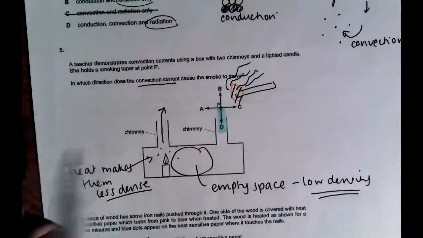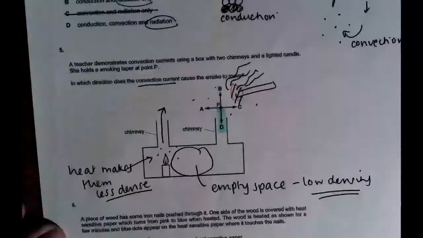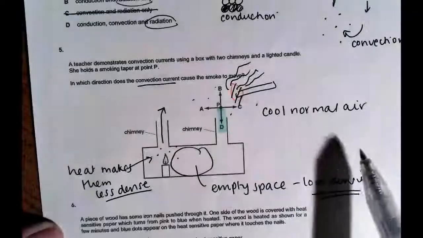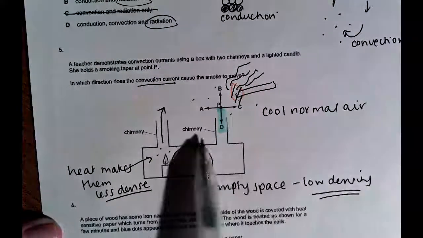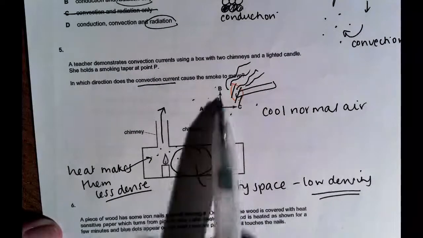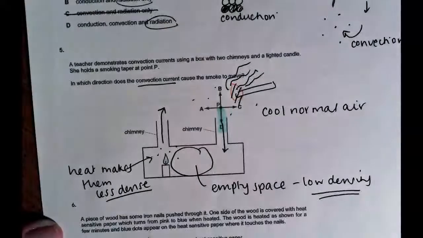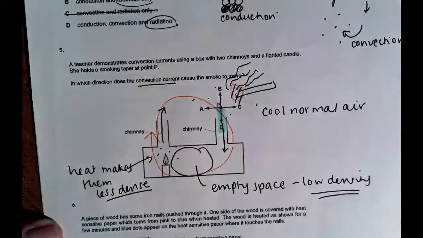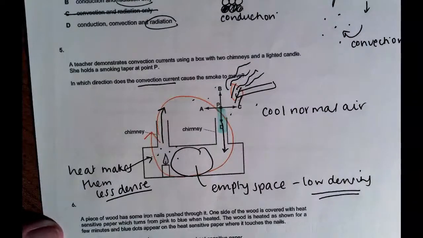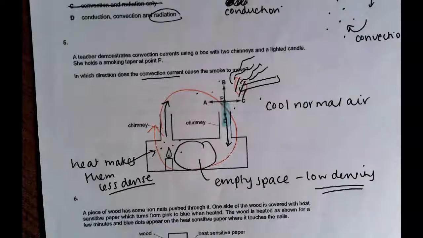But outside the box, up here, we've got normal air. Now this cool normal air is more dense than the empty space, and it sinks into the box. So the convection current is set up and it goes round and round in this direction. I'll give you a link to a YouTube video that shows this experiment happening so you can see it.